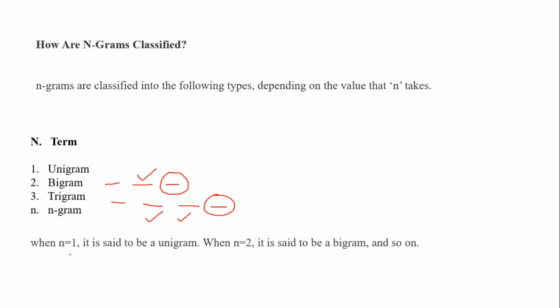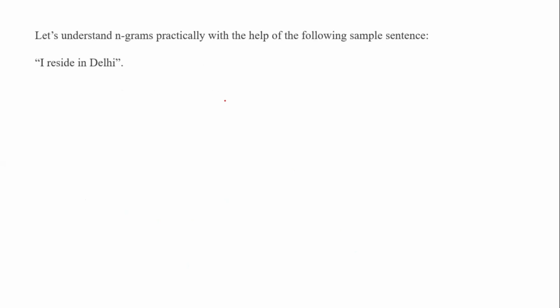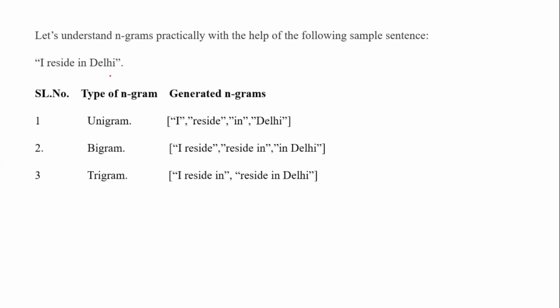So when n is equal to 1, it is a unigram. When n is equal to 2, it is a bigram, and so on. Let us take one example. Suppose the given sentence is "I reside in Delhi." How do we represent this using different categories of n-grams?